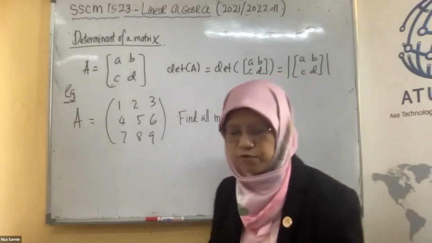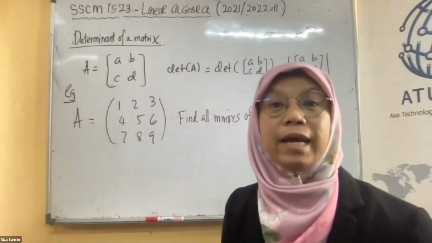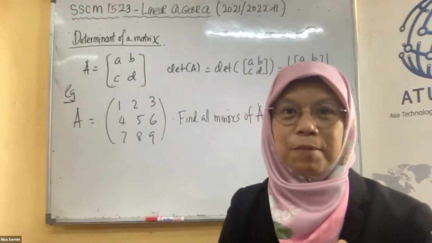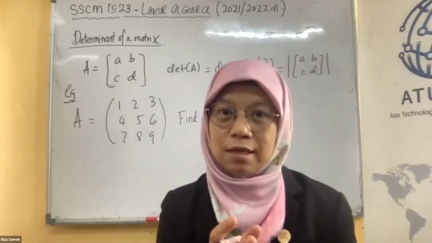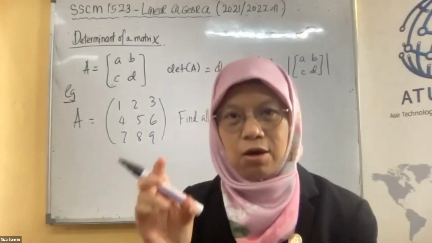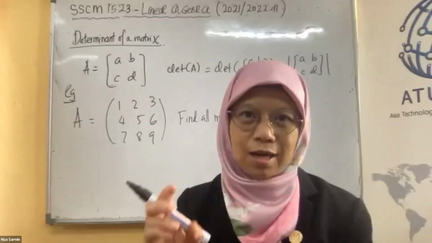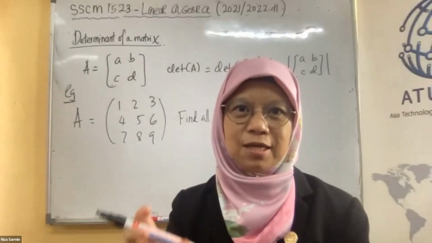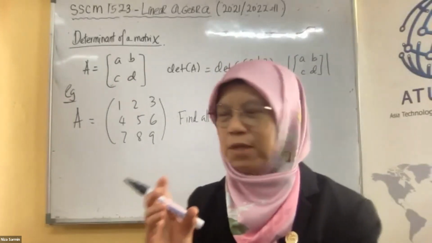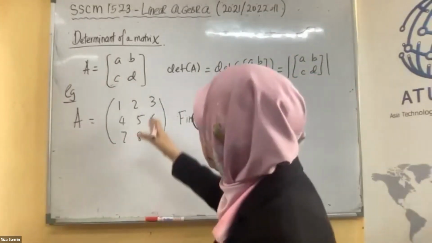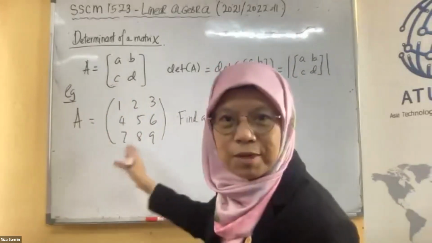The question is to find all minors of A. Remember, Mij is the determinant of the submatrix when we delete row i and column j. That is the minor, the determinant. So how many aij do you see here? How many entries?